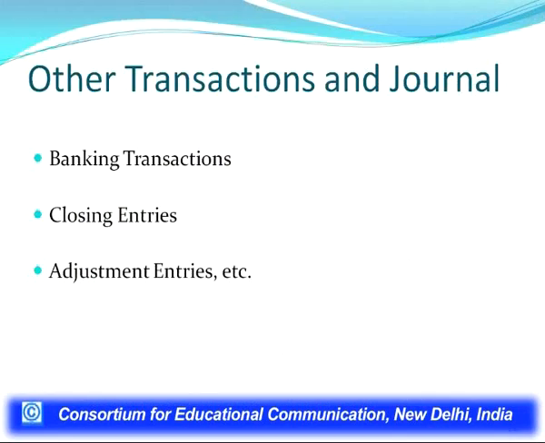There are certain other types of specific transactions, like banking transactions, many of which happen nowadays. There will be a separate lecture on this part in which we shall discuss banking transactions and the bank reconciliation statement. There are some closing entries which are passed at the end of the year, and adjustment entries again passed at the end of the year.